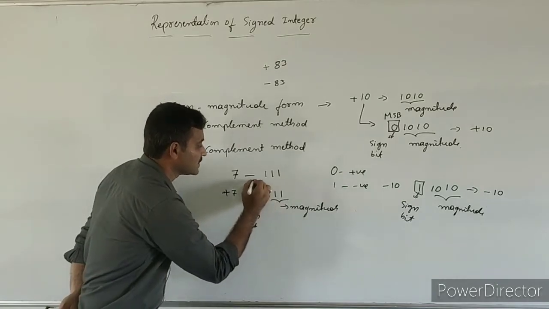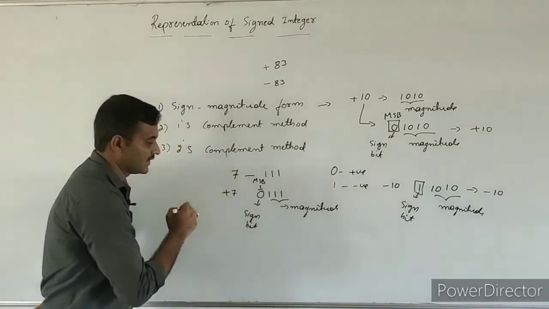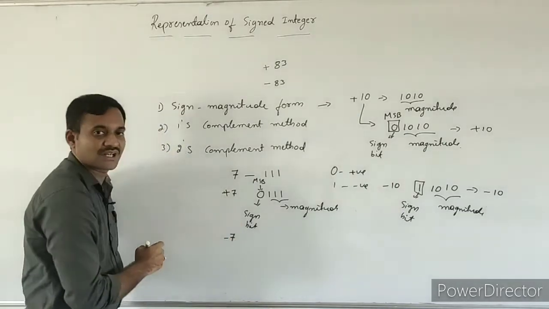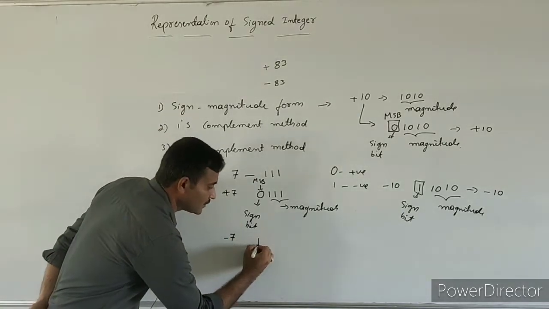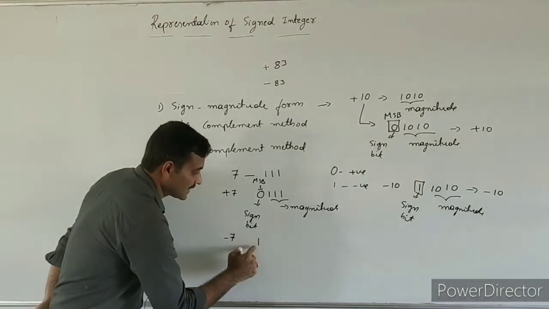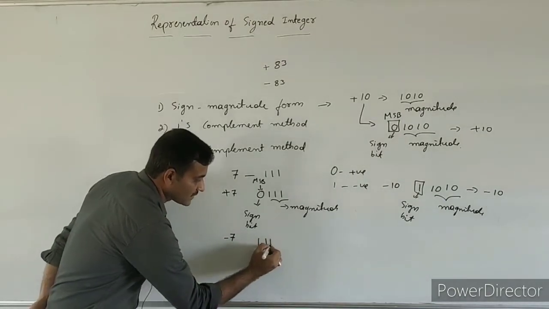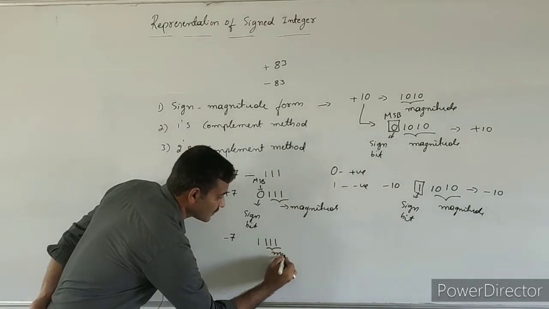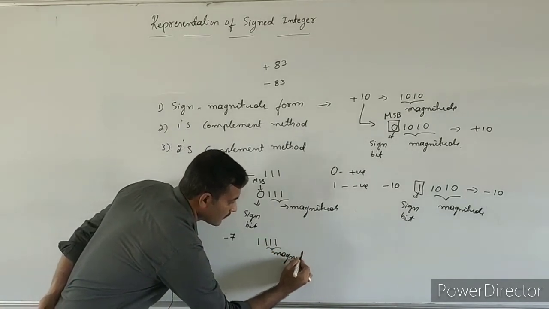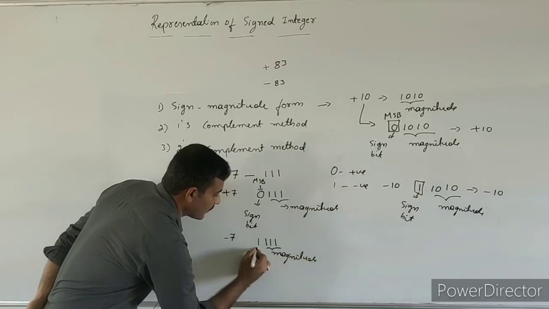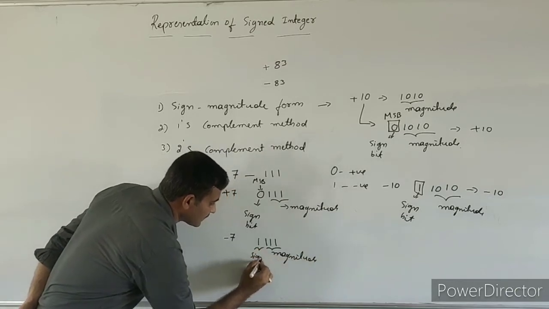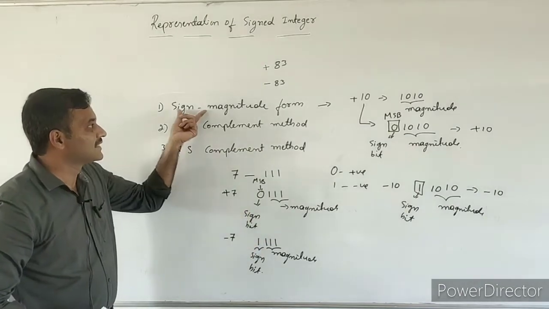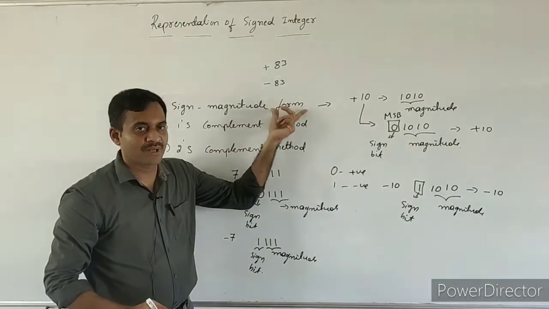Here 0 is the most significant bit. If we represent the same 7 in negative form, that is negative 7, we add 1 as the most significant bit, that is the sign bit. The remaining 111 is the magnitude. This representation is called sign magnitude form representation.